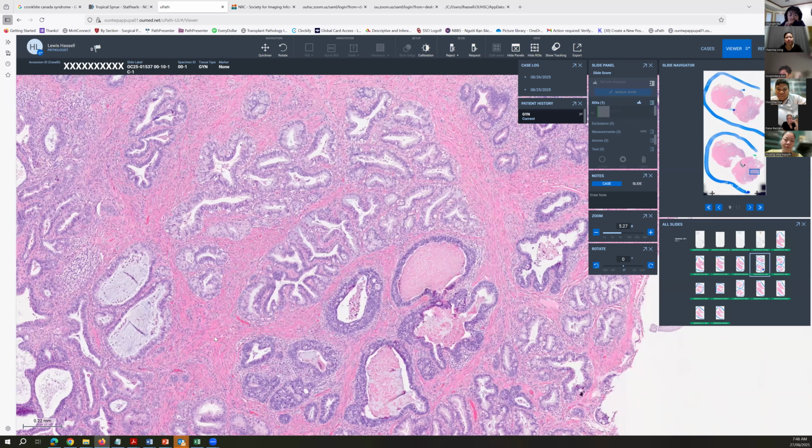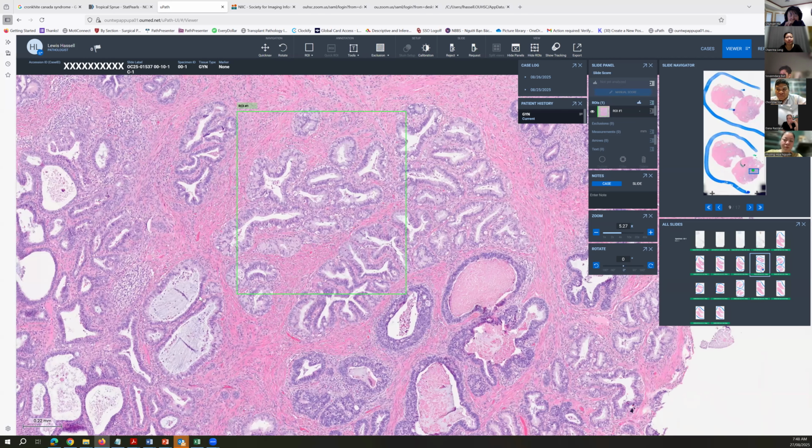So I thought it was unusual to find these four different patterns: squamous lesion, conventional endocervical adenocarcinoma, SMILE, and potentially adenoma malignum in a single case.